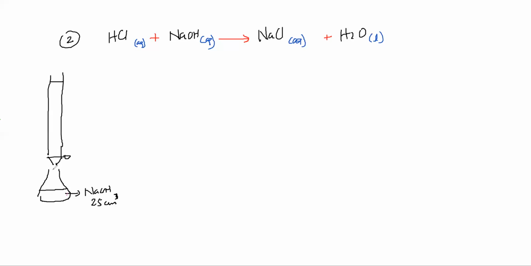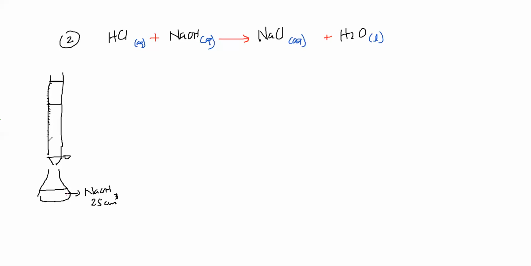As I said, I add acid drop by drop to the base, but only till the color changes. When the color changes, I immediately stop adding. I stop adding because I know that all the base is just used up, because the indicator just changed the color. Of course, the level of the acid here in the beginning would have fallen down, and the burette is calibrated.